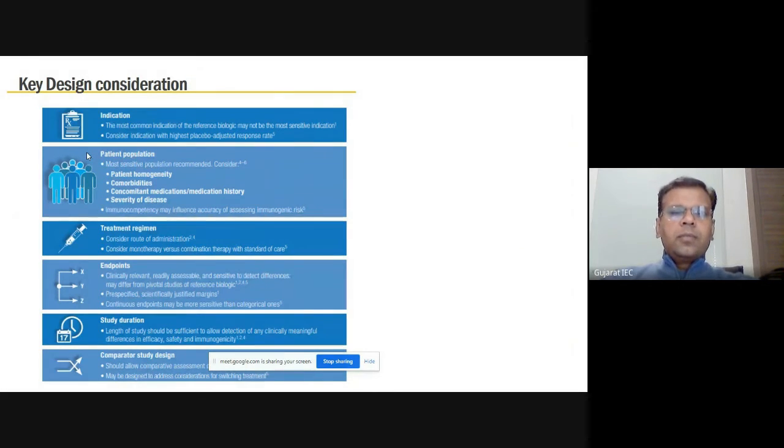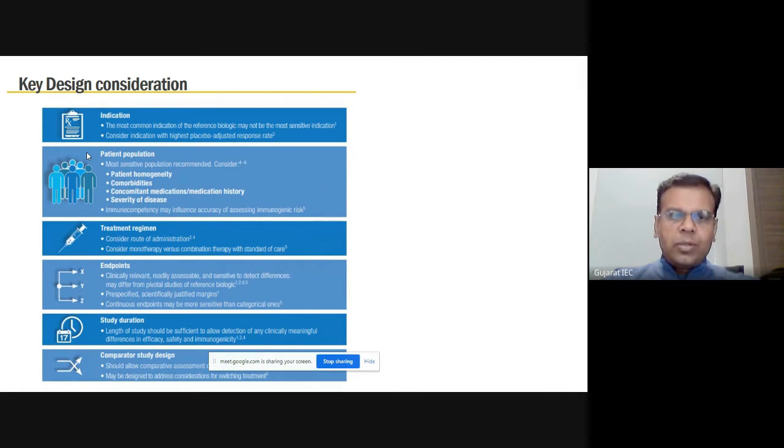If we consider the key design considerations, we'll see these things in detail in the coming slides. The key design considerations would be the indication. Say we have adalimumab, which is indicated in various indications. Which indication are we targeting?